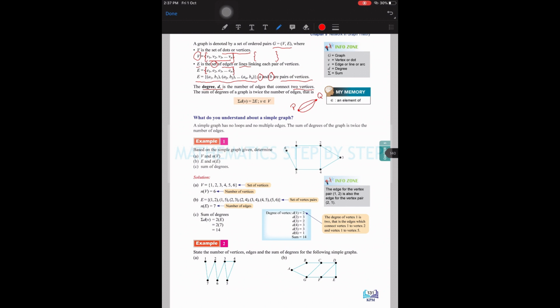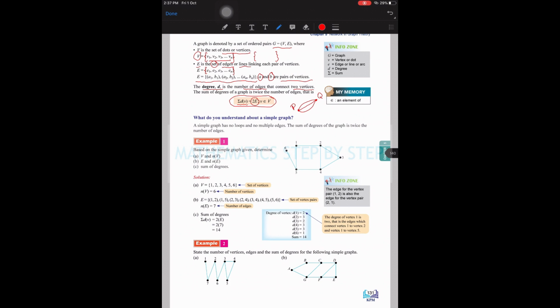So the degree for vertex P is 3 because there are 3 edges connecting these two vertices, okay? Then this formula is used when we want to calculate the sum of degrees, okay? Sum of degrees is twice the number of edges, okay?